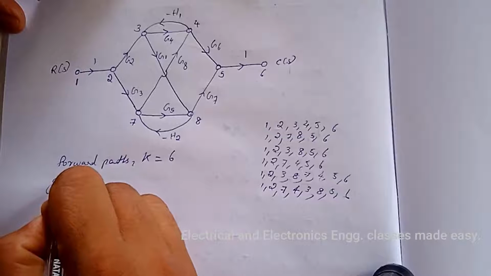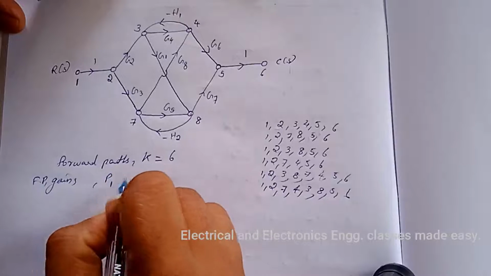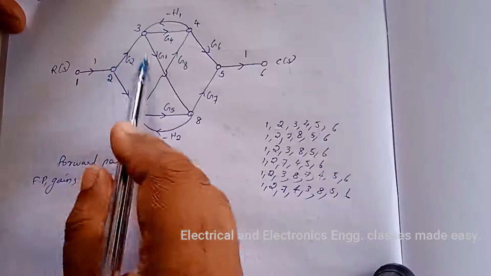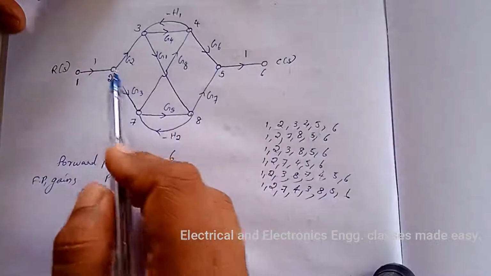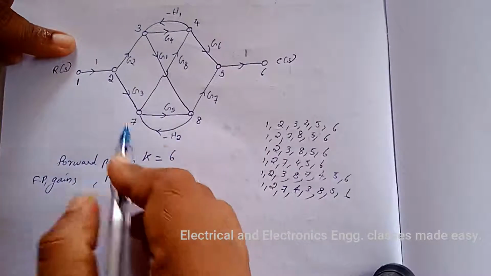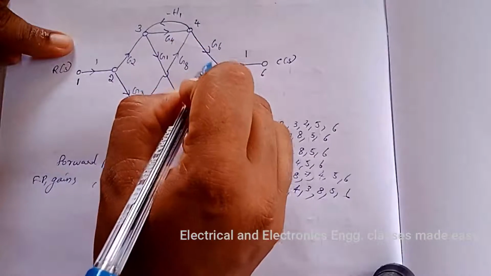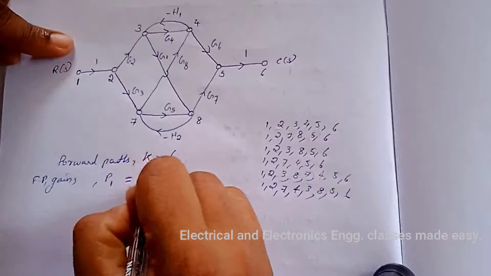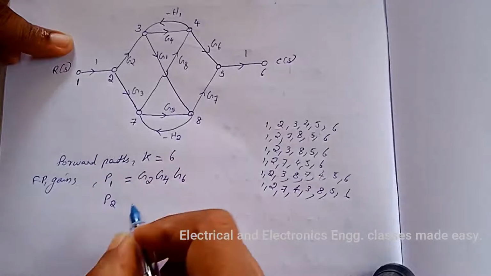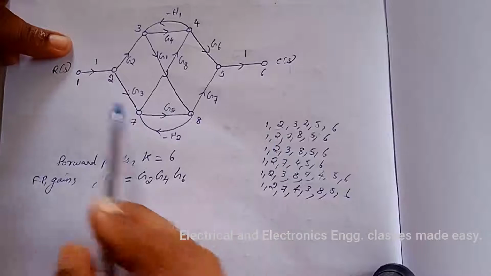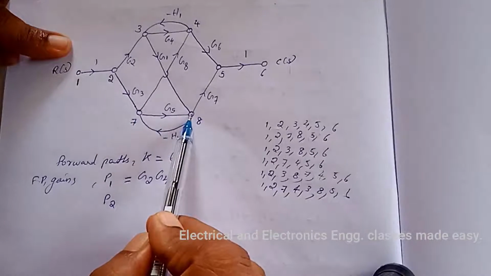So forward path gains, let it be P1, first one P1, that is 1, 2, 3, 4, 5, 6. So the gain product is G2, G4, G6. Next is P2. P2 is 1, 2, 7, 8, 5, 6.